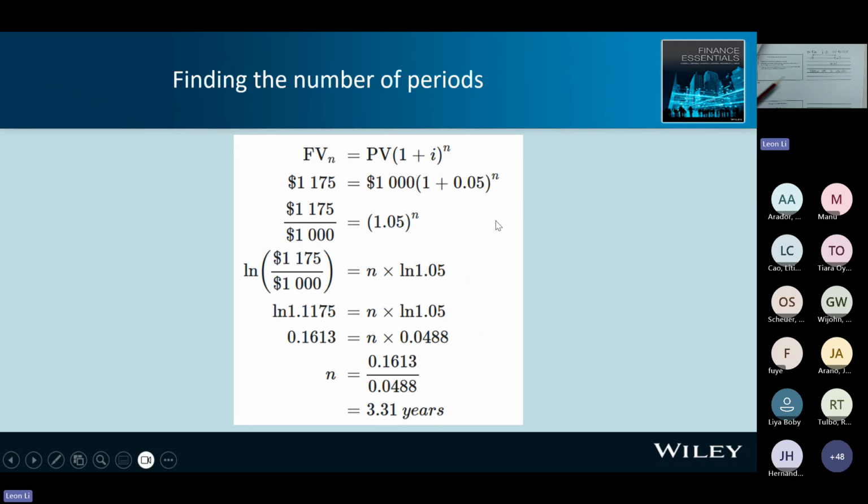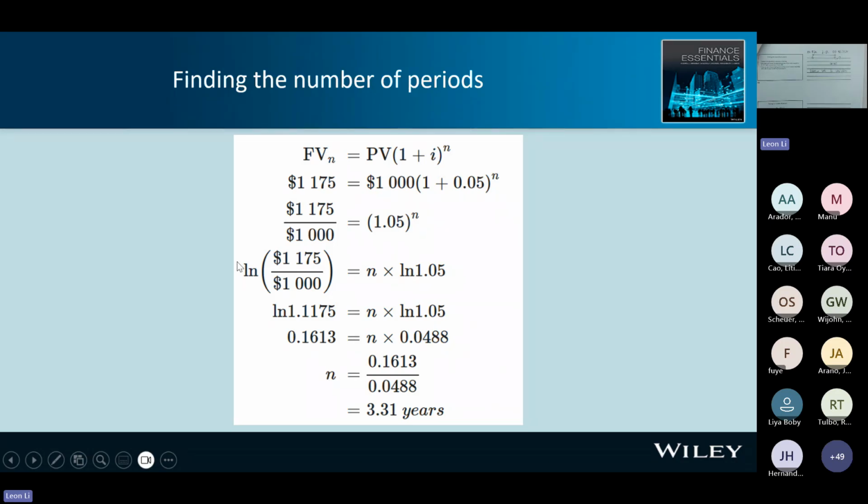Our rate is 5%. Now we would like to know the number of periods, right? So again, you just move the n to the left hand of the equation, all other numbers to the right hand of the equation. This is our final formula.